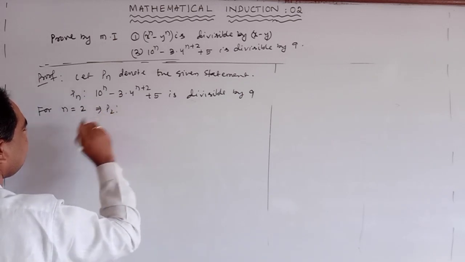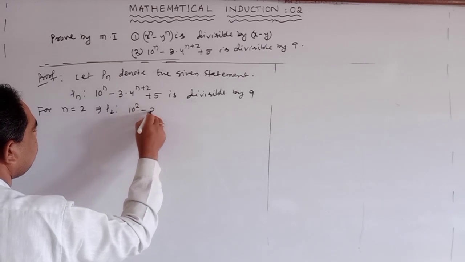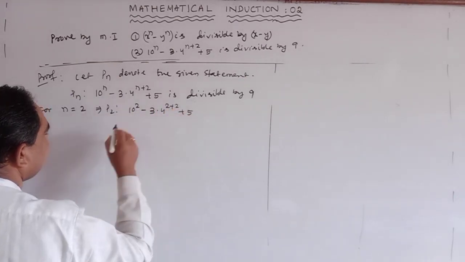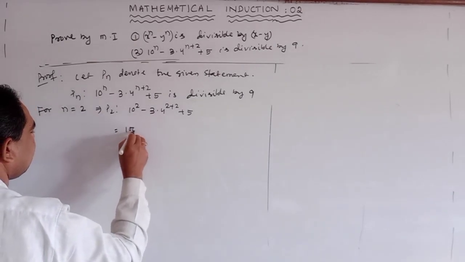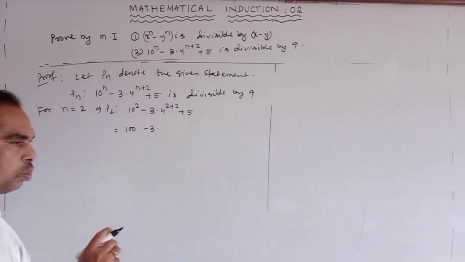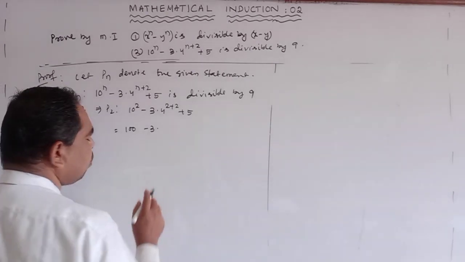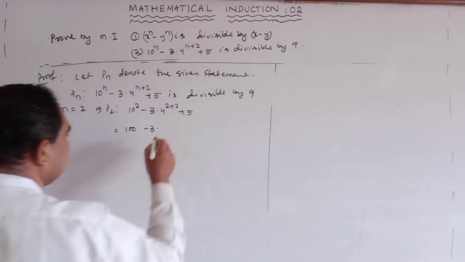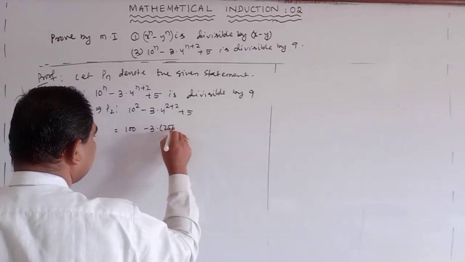So P2 such that 10 to power 2 minus 3 into 4 to power 2 plus 2, plus 5, is equal to 10 to power 2, which means 100, minus 3 into 4 to power 4, since 2 plus 2 means 4. So 4 to power 4 means 4 into 4 is 16, 16 into 16 is 256.